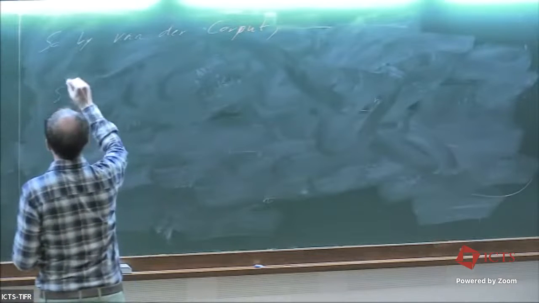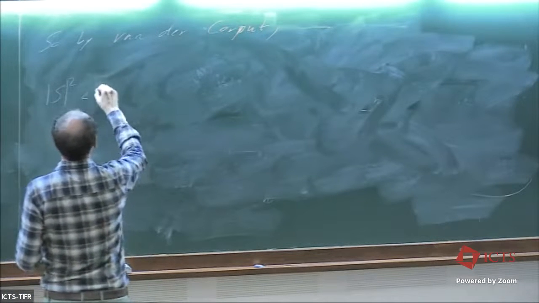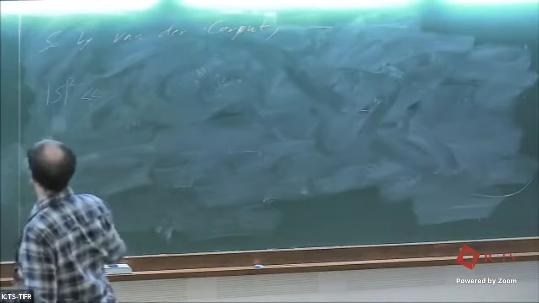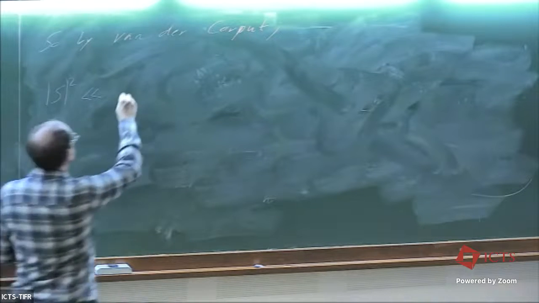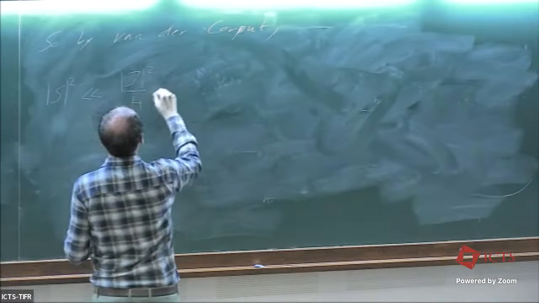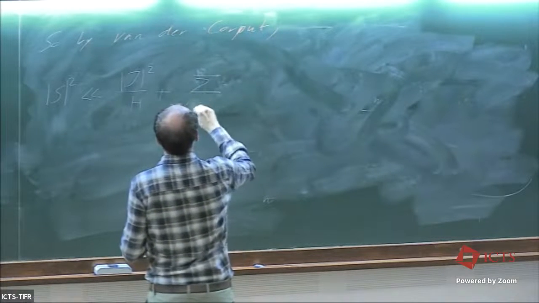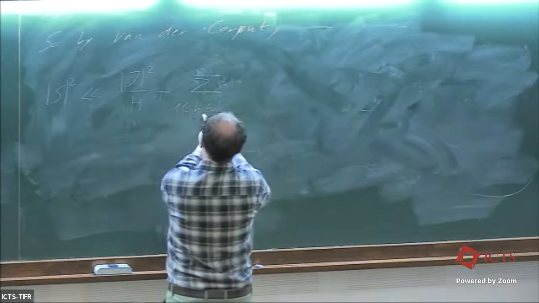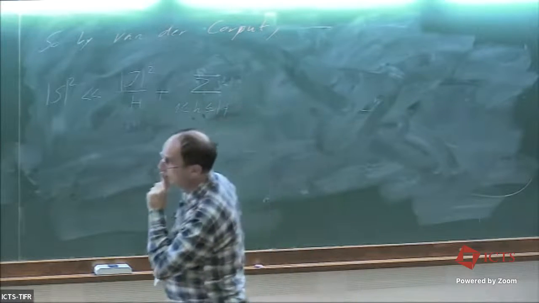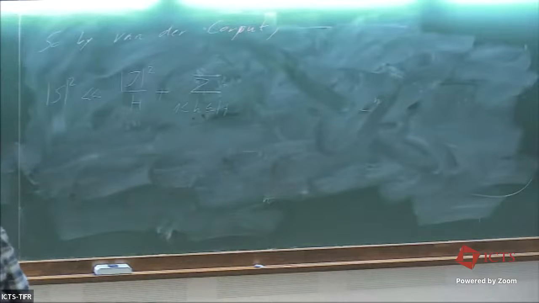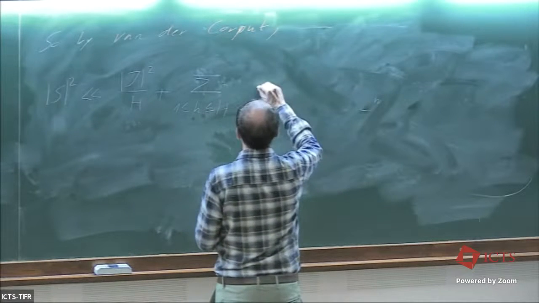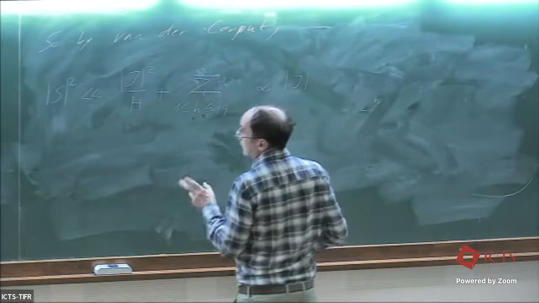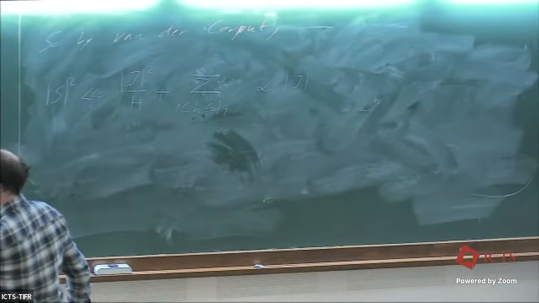So S squared, modulus S squared, is bounded by, so what did we get? Interval length squared divided by h plus some sum over 1 less or equal h less or equal H. And we plug in the van der Corput bound, getting alpha, length of I times that bound.